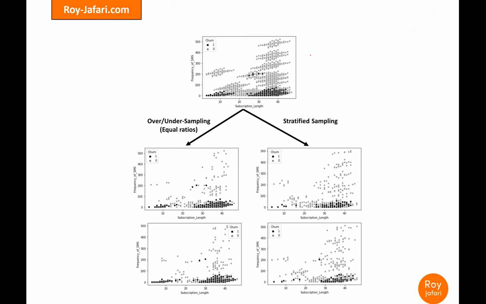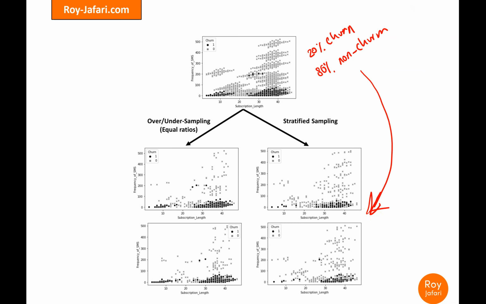Here we have roughly 20% churn and 80% non-churn, right? So 0 and 1 specify that, and this has been carried over in this area.